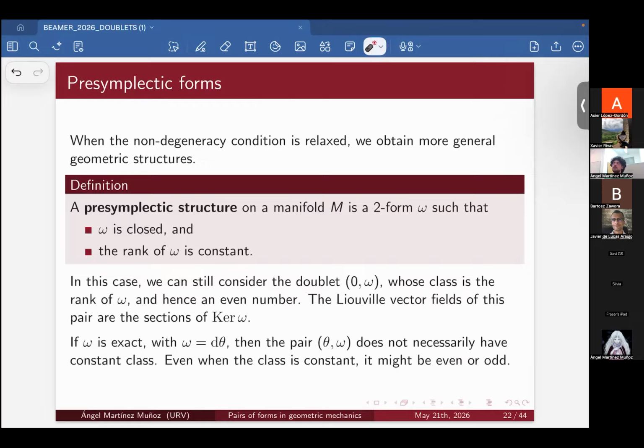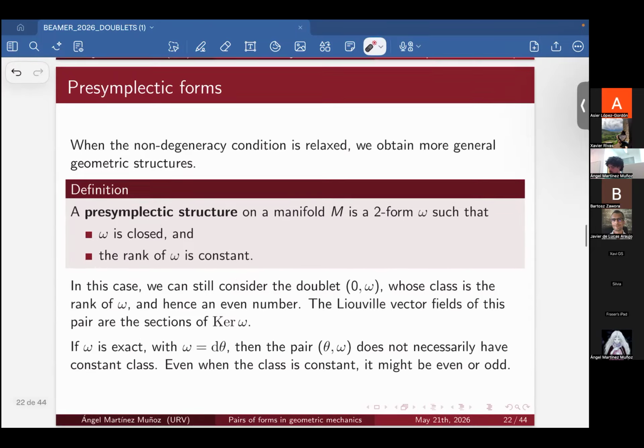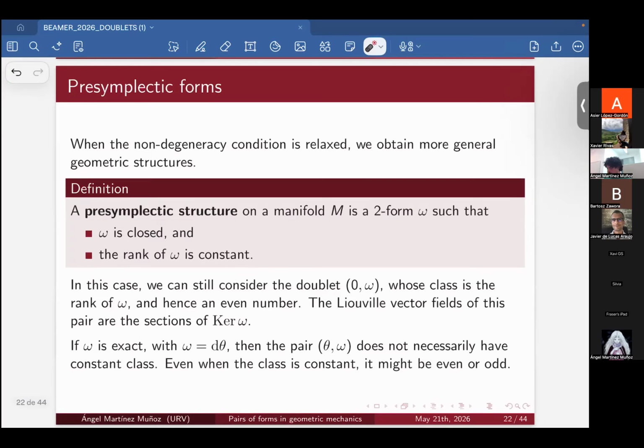There are some places where people consider that the rank can be whatever, but we consider that it's constant, so that in particular we can have constant class. And in this case, you could still consider the doublet with the zero, and the class will be just equal to the rank, right? And in this case, the Liouville vector fields will just be the sections of this kernel.